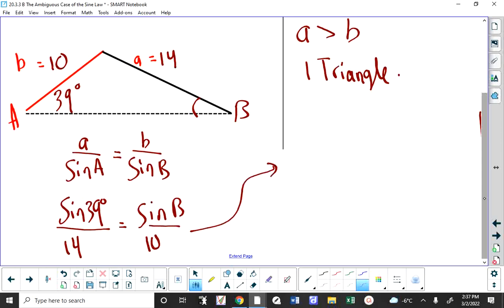And nobody had any questions from yesterday's assignment, so this should be like stealing candy from a baby to get B. I'll show my work though. Sine of B is going to be equal to 10 sine 39 degrees over 14. What I need to do is calculate that and then take the inverse sine.